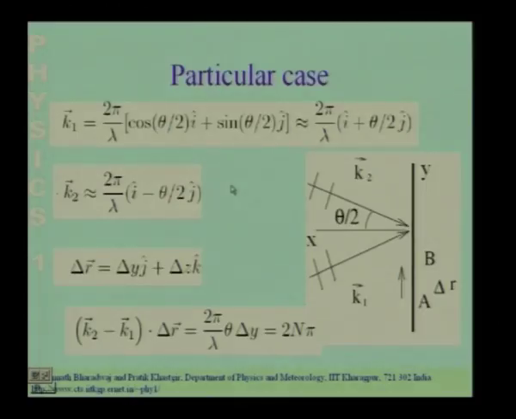You can easily see that from here. These factors of 2 pi will cancel out and you will get maximas along the y direction at a spacing of delta y, which is equal to lambda by theta.